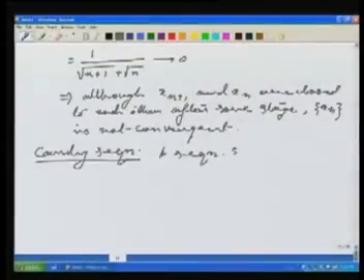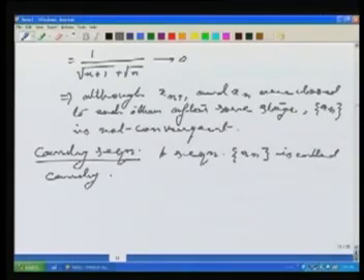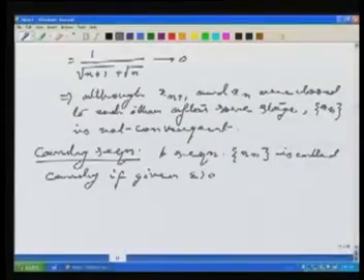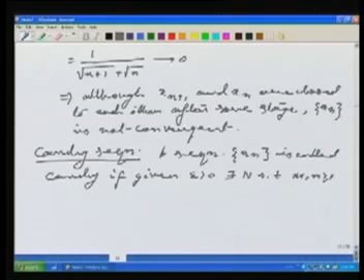I say a sequence xn is called Cauchy if, given epsilon bigger than 0, there exists a stage such that after this stage, if I take two elements, then the difference between xm and xn is less than epsilon.